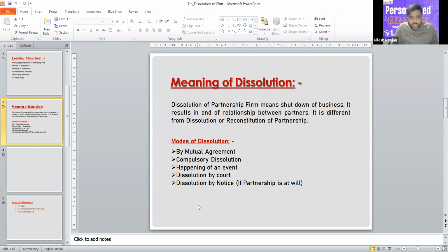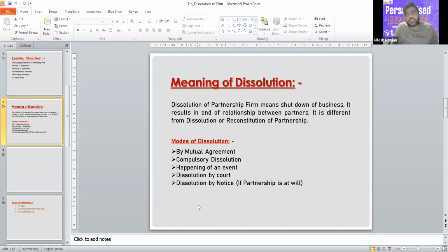After that, there is happening of an event. Happening of an event means an event which is pre-decided, after which we cannot continue the business, as written in the partnership deed. It is mentioned in the partnership deed that after the happening of this event we have to dissolve our business.